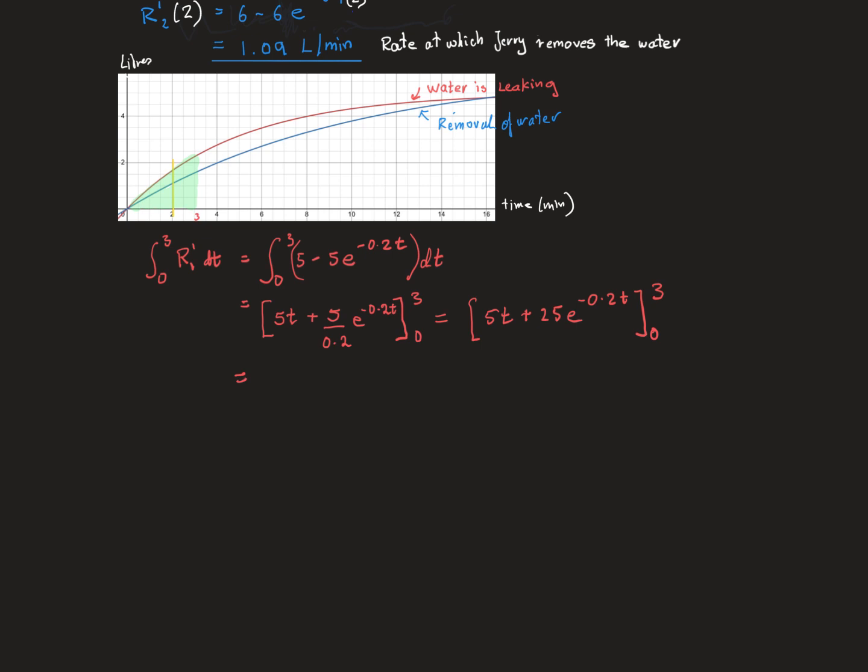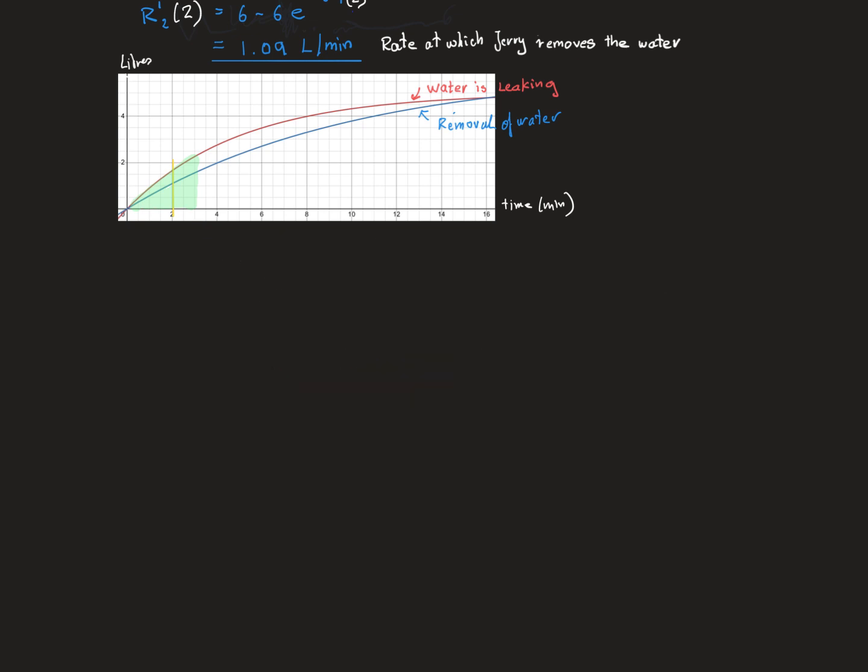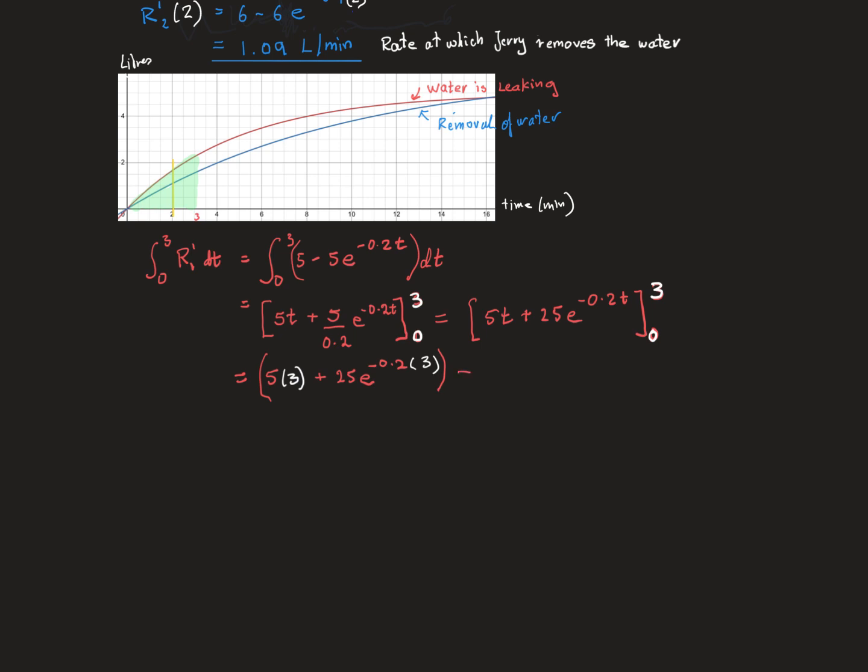We now substitute: first the 3, and now we're going to substitute the 0. And that can be simplified to 15 plus 25 e to the minus 0.6 minus 0 and plus 25, because e to the 0 is equal to 1.